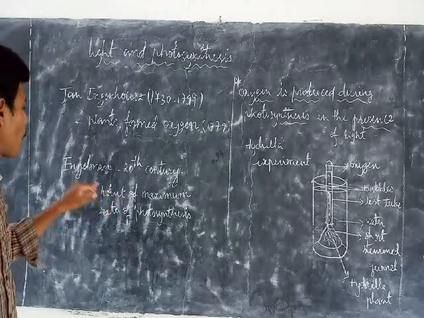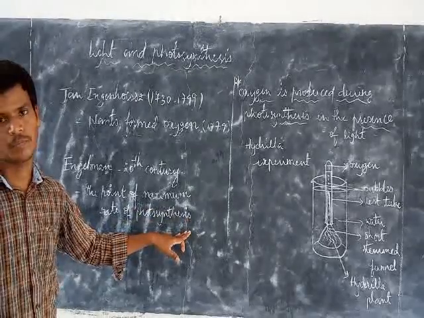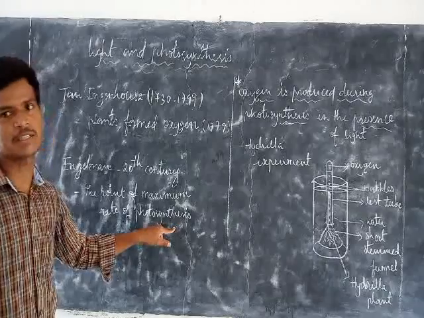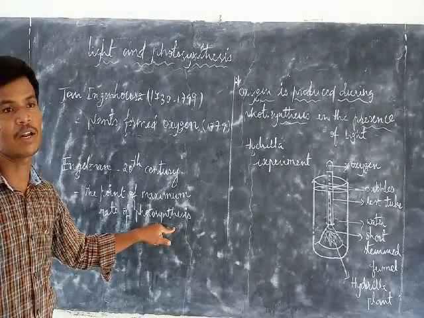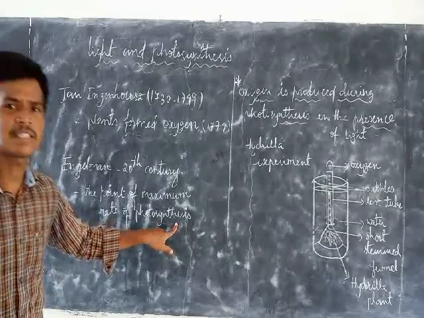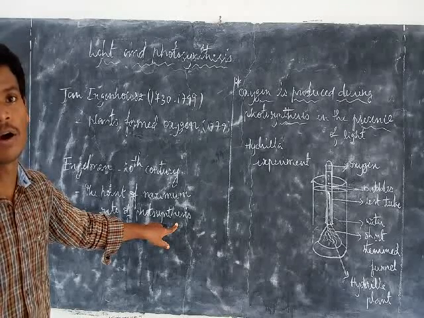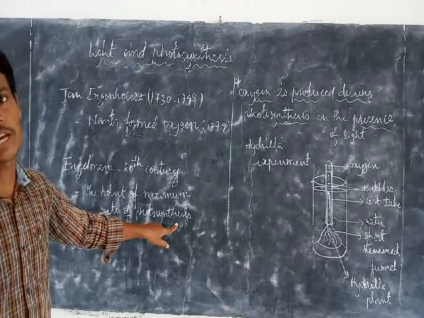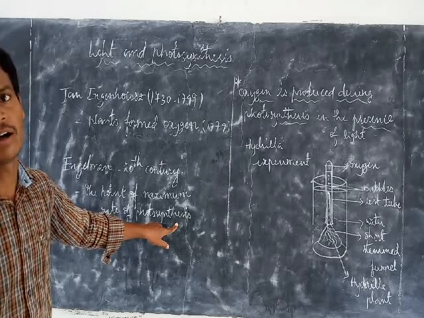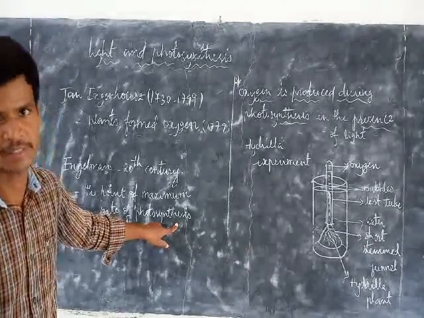He detected the point of maximum rate of photosynthesis by using several oxygen sensitive bacteria. When he used oxygen sensitive bacteria, they crowded around the plants that were illuminated with red and blue rays of sunlight.